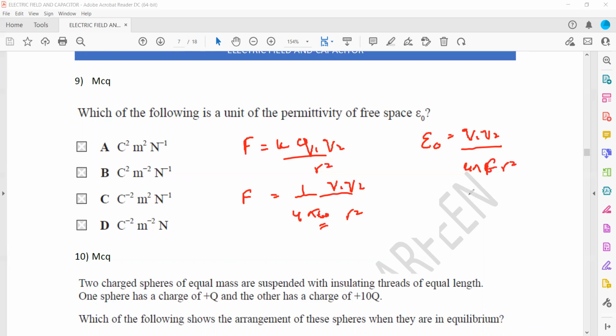Q1 and Q2 are in coulombs, so coulomb multiplied by coulomb. 4 and pi are constants. F is a force in newtons and r is a distance in meters squared. So coulomb squared per newton per meter squared, or coulomb squared newton minus 1 meter minus 2, or the order can be changed. So coulomb squared newton minus 1 meter minus 2. So B will be the right answer.